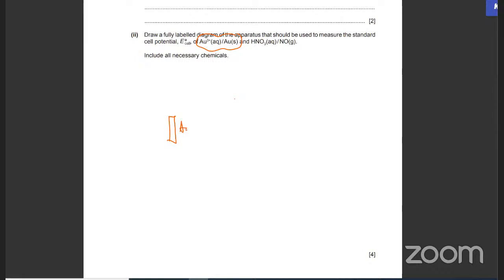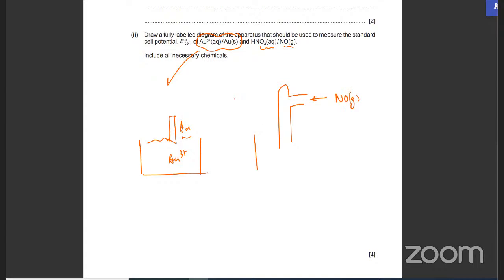So you're going to have Au as a solid metal electrode, and the Au 3+ ions would be part of the solution. Okay, that's one electrode. The other one is aqueous and gas. When you have a gas electrode, you need a gas jar, right? And the NO gas would be coming in, and the solution would be nitric acid, and you will add a platinum electrode.